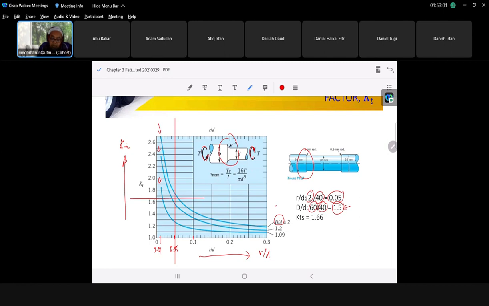Then 1.5 is between 1.2 and 2, somewhere in between. Then make a horizontal line to the Kt, so you get the value. This 1.7 is between 1.7 and 1.6, so in between. Okay.